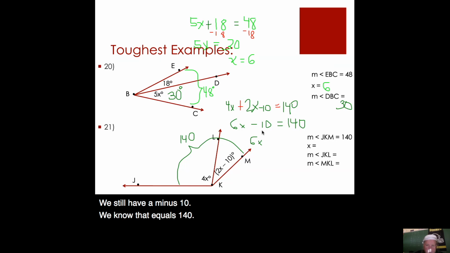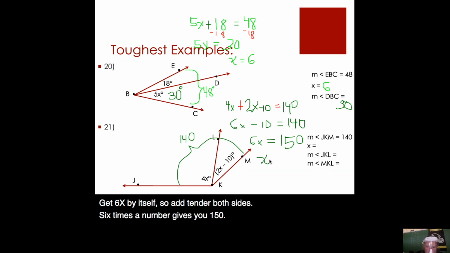Get 6x by itself, so add 10 to both sides. Six times a number gives you 150. How many times does 6 go into 150?